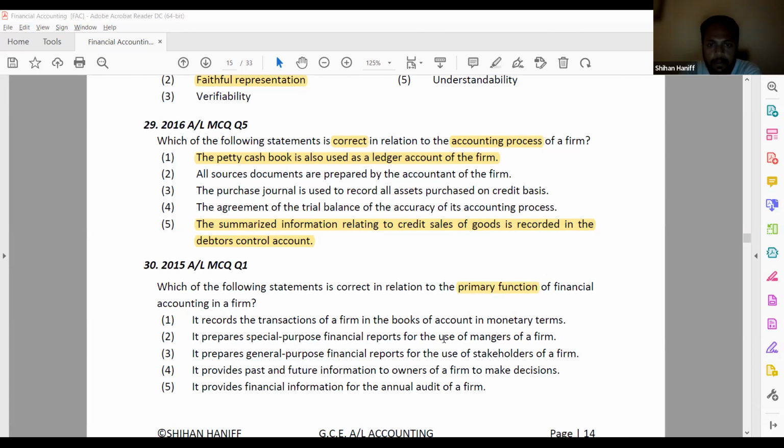Prepare special purpose. The answer is it prepares general purpose reports for the use of stakeholders of a firm. So question number 30, answer is 3.